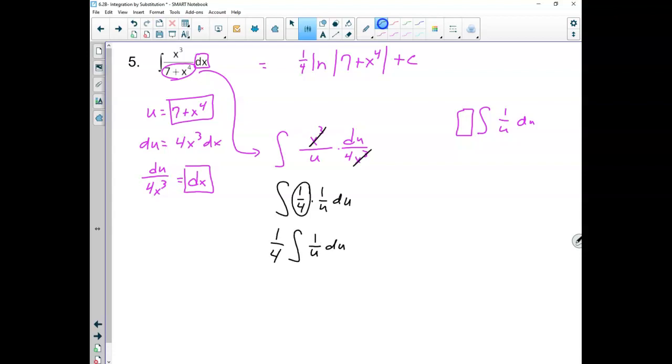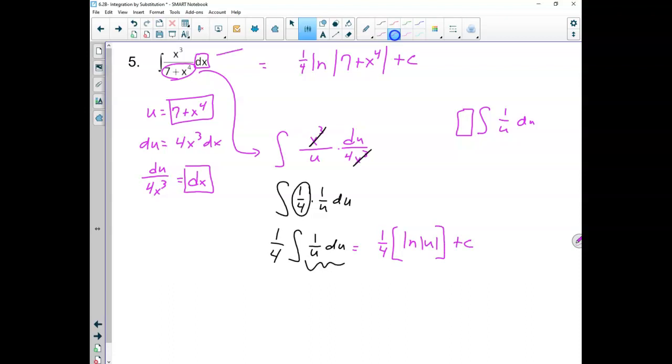Then I get to the easy peasy part, because that's easy to integrate. This integral actually equals my constant of a 4th times my antiderivative of 1 over u, which is ln of the absolute value of u, plus c.